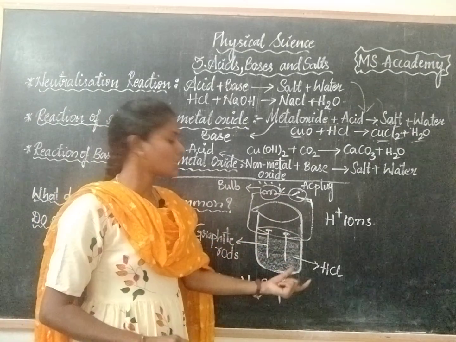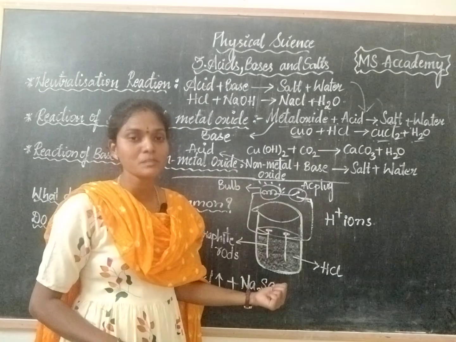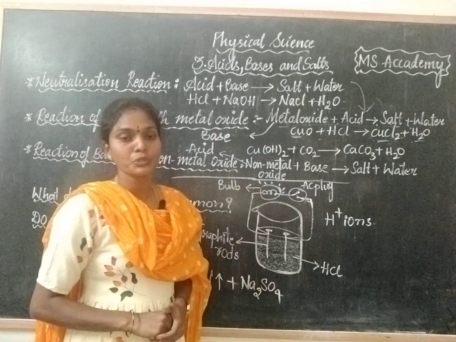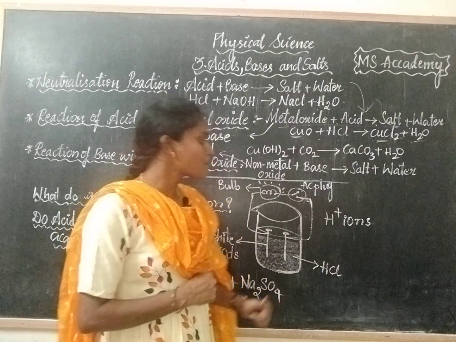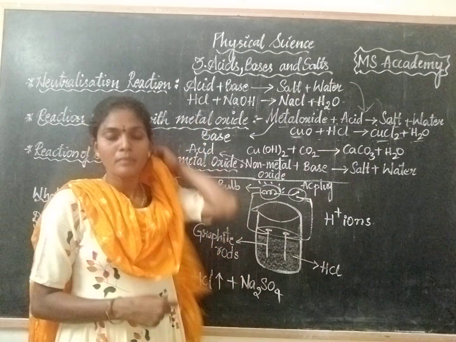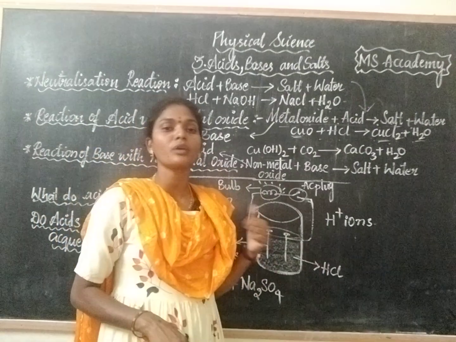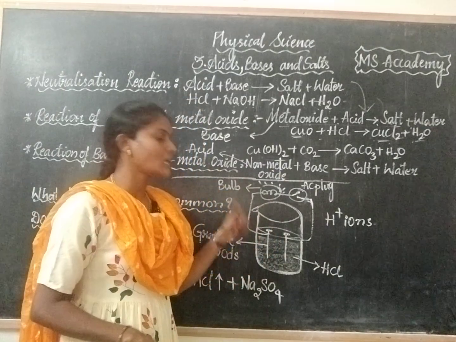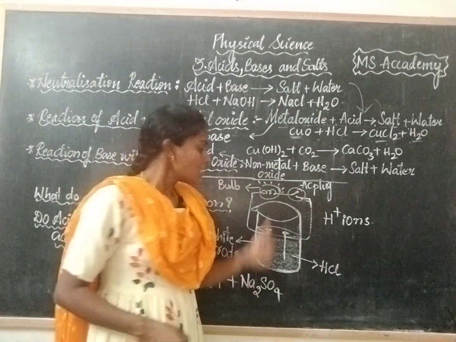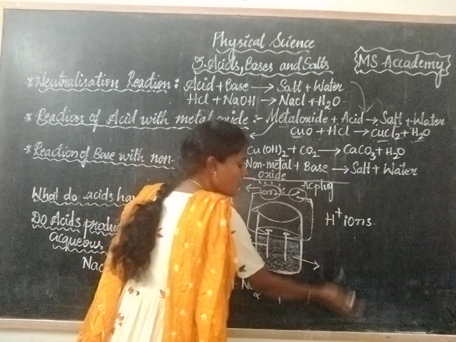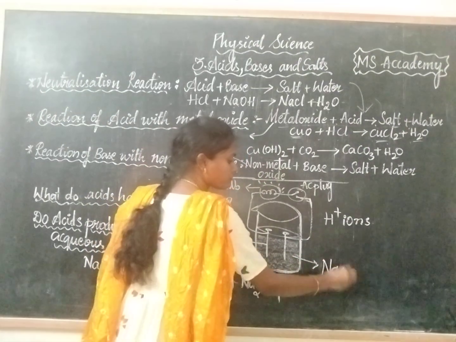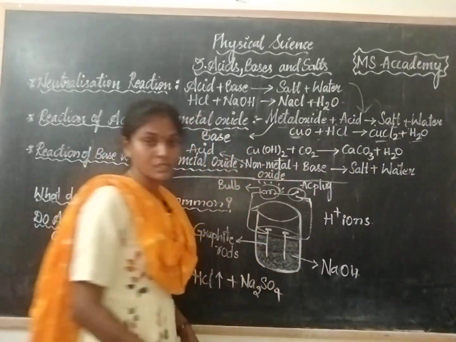Now when I pour acid into this beaker, the bulb glows. Why is the bulb glowing? Because acids contain H plus ions. Now instead of HCl, if I take a base, NaOH, okay, we know that NaOH is a base.